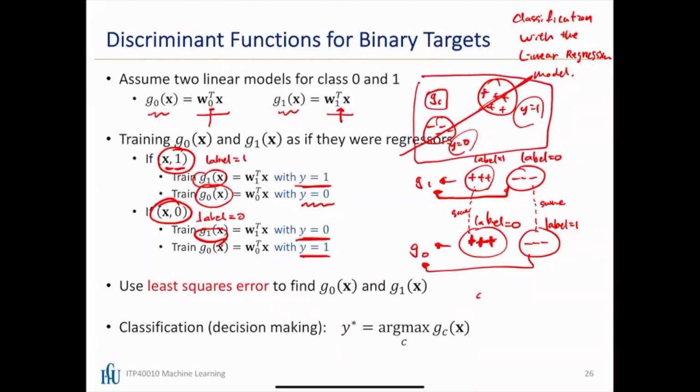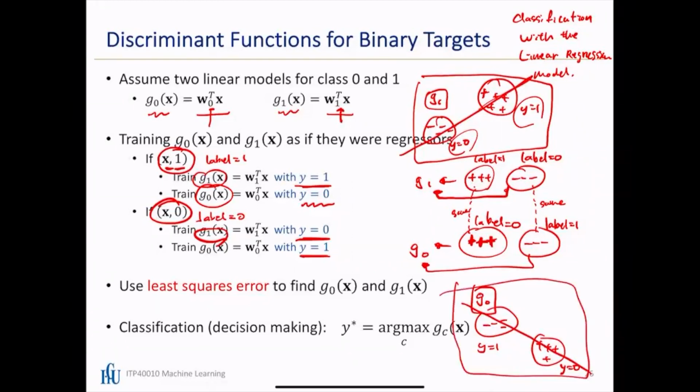Now let's talk about G0. The original label of the data was positive, but you modify the label to be 0. The original label of the data was negative, but you label it with 1. Now you want to draw a regression line like this. So you have two models, and you can obtain these lines using least squares. This is a linear regression.